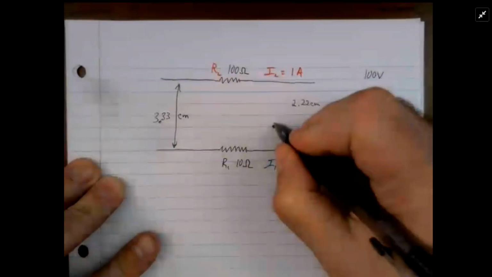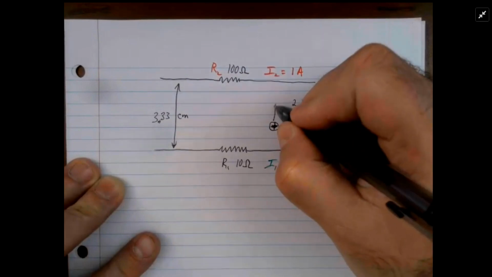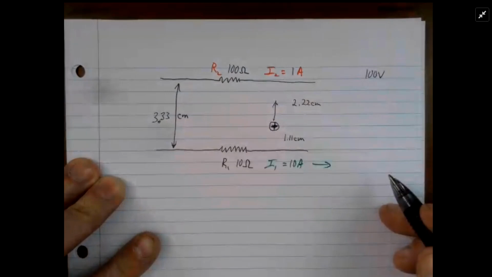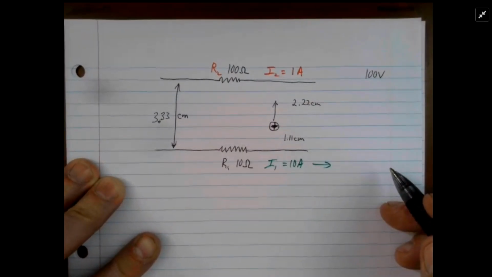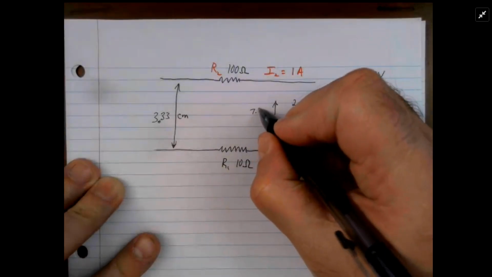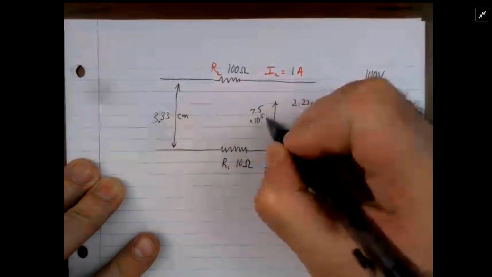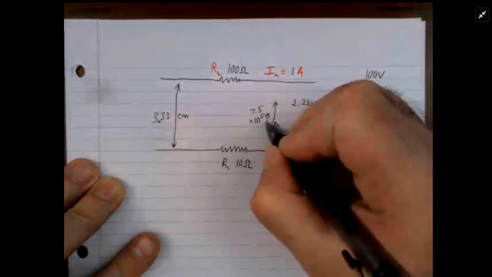And this is a proton, and it's going up at a velocity of 750 kilometers per second, which would be 7.5 times 10 to the 5th meters per second.